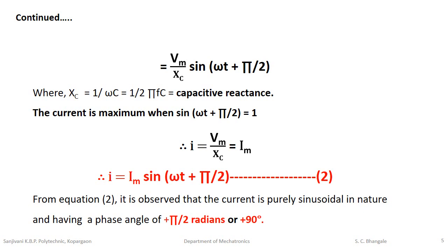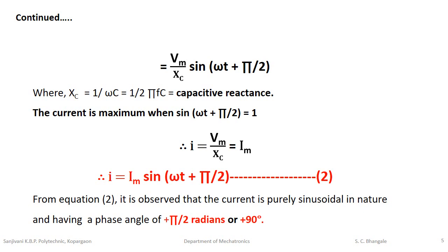Therefore, I equals Vm by Xc, which equals Im, because sin of omega t plus pi by 2 equals 1. We can rewrite this equation as I equals Im sin of omega t plus pi by 2. Let's say this is equation number 2.